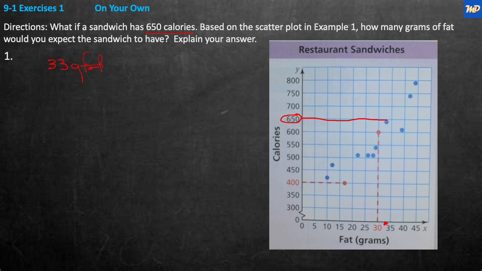So that's what I would say. It's in line with the rest of the data, and it seems to fit the pattern.